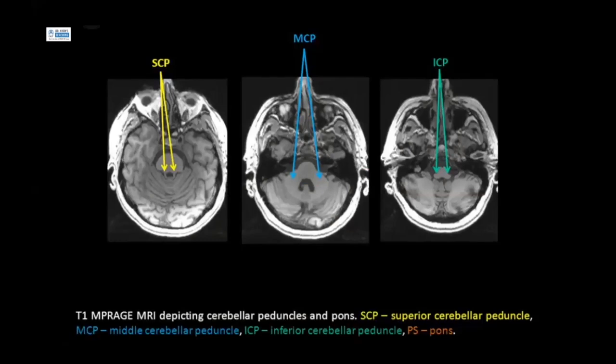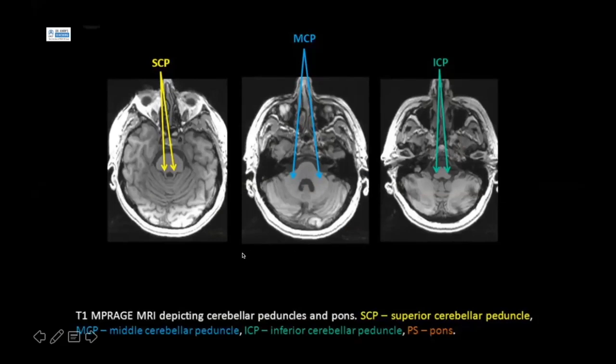So we'd previously mentioned that the midbrain connects to the thalami anteriorly, but posteriorly we have three connections of the brainstem to the cerebellum. We have the superior cerebellar peduncles, the middle cerebellar peduncles, and the inferior cerebellar peduncles.